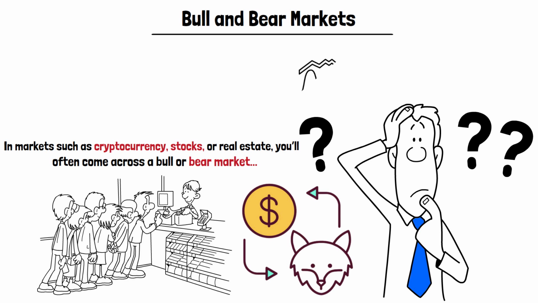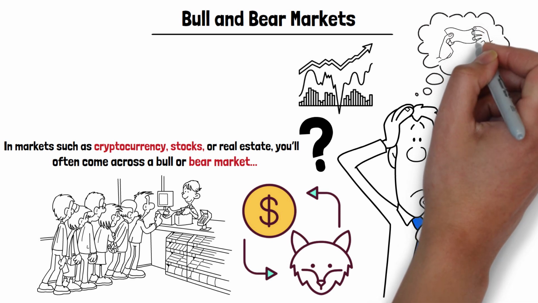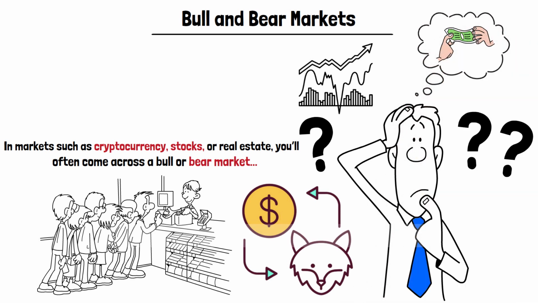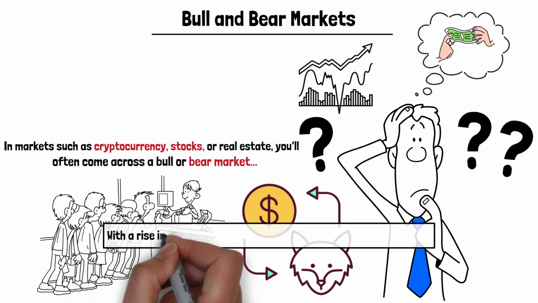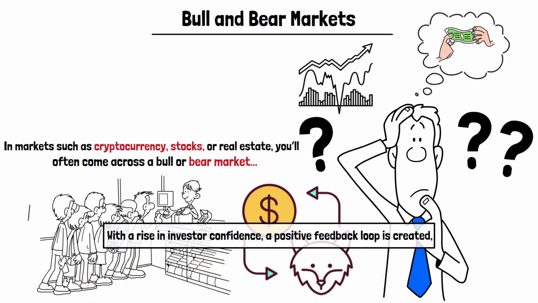In such a case, prices keep rising and market confidence is at a high. Thus, investors are becoming optimistic. Think of how a bull charges its opponent. With a rise in investor confidence, a positive feedback loop is created, which tends to draw in further investment, thereby causing prices to continue to rise.